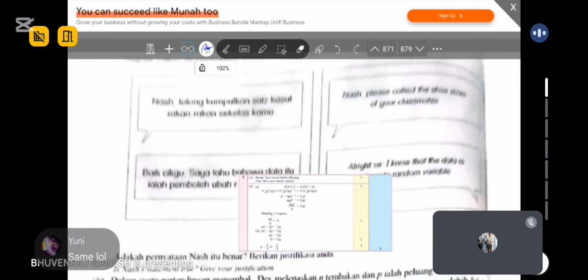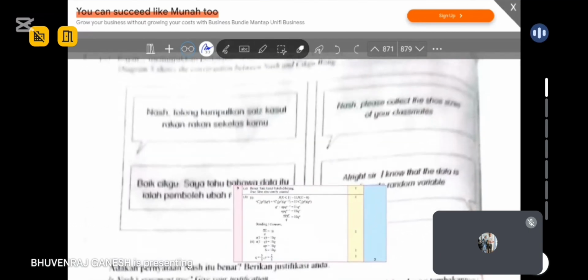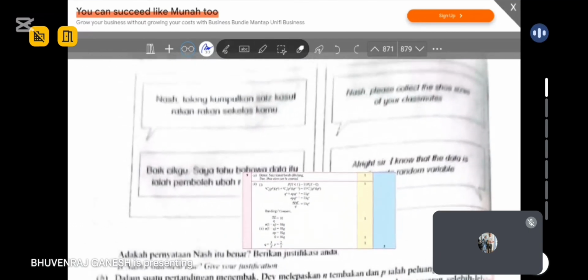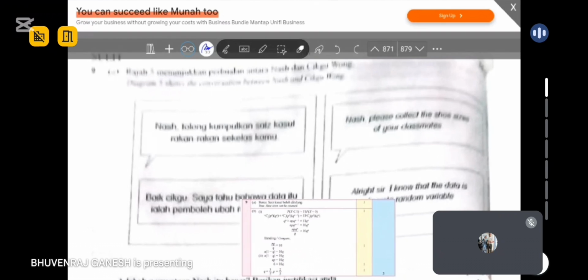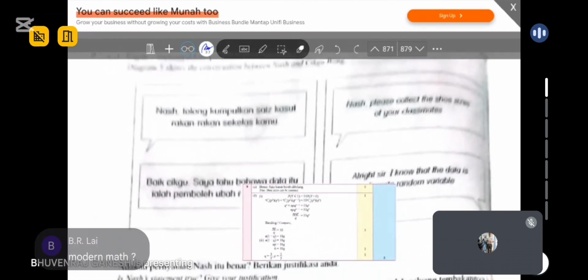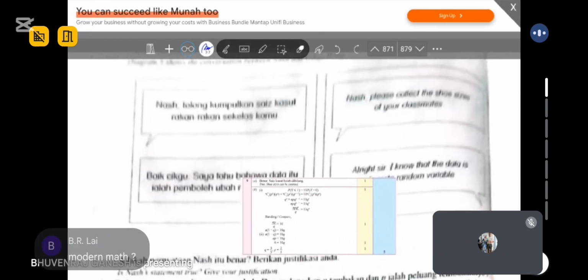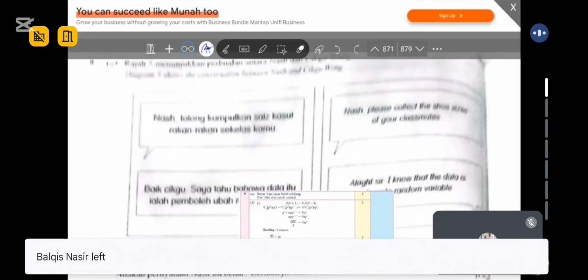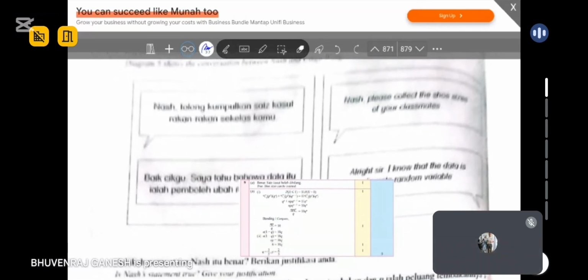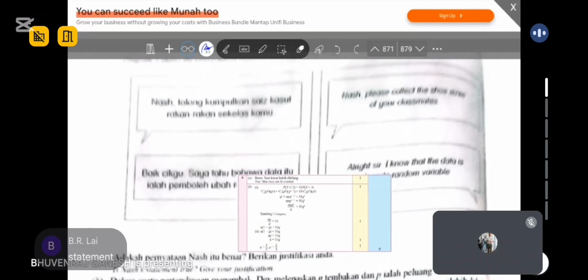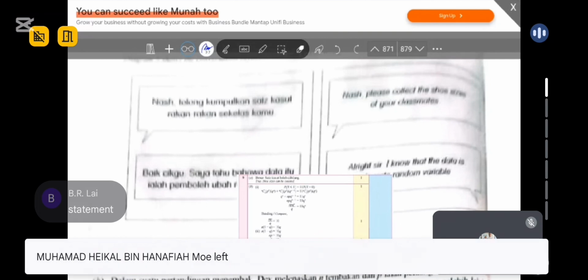Okay, guys, so first question. They ask you whether the statement is true. Don't worry, I will read for you guys. Why modern maths? This one is admaths, guys. Don't think admaths cannot ask factual questions.